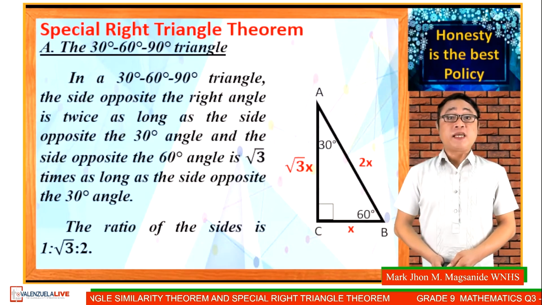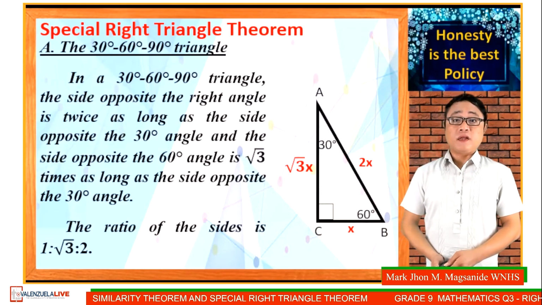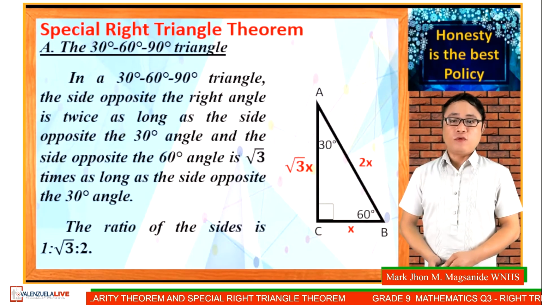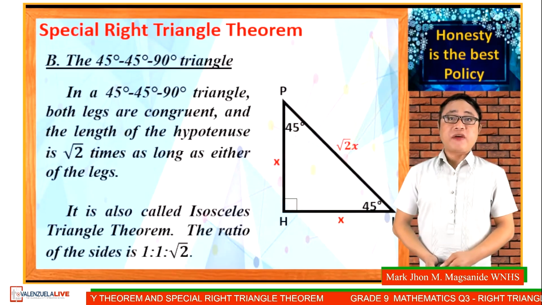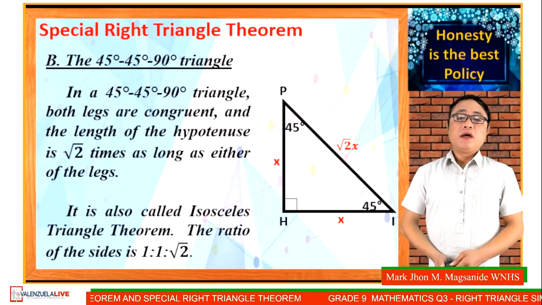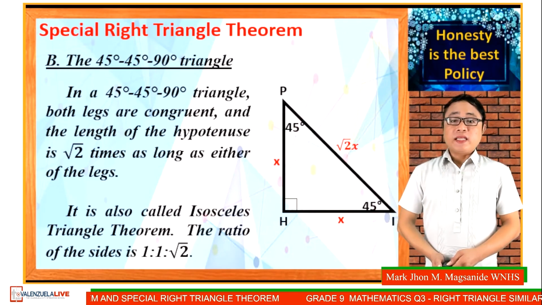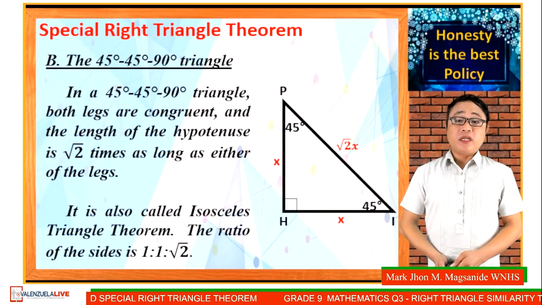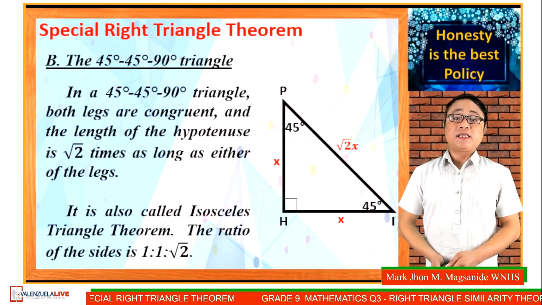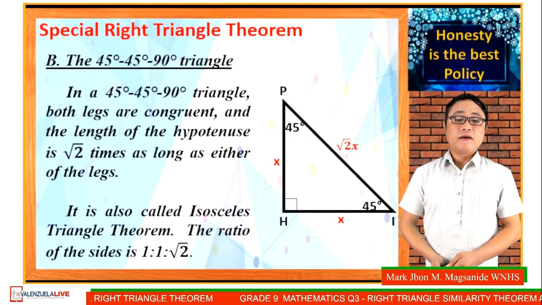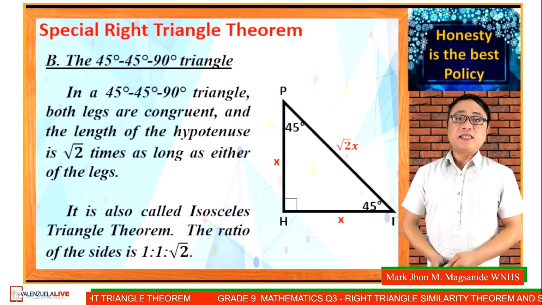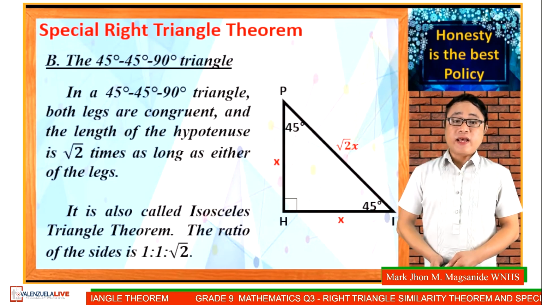It gives the ratio of the sides 1:square root of 3:2. And for the 45-45-90 triangle, both legs are congruent, and the length of the hypotenuse is square root of 2 times as long as either of the legs. It can also be called the isosceles triangle theorem.